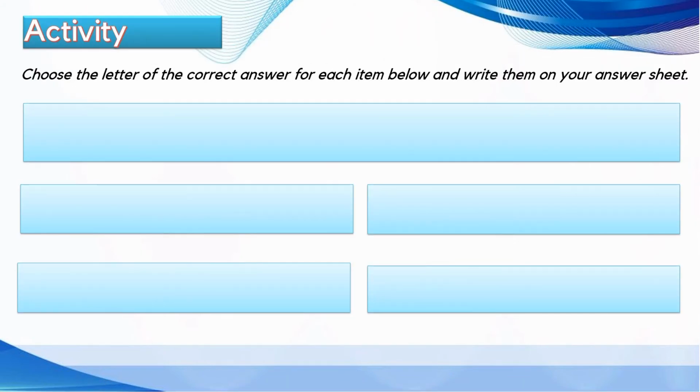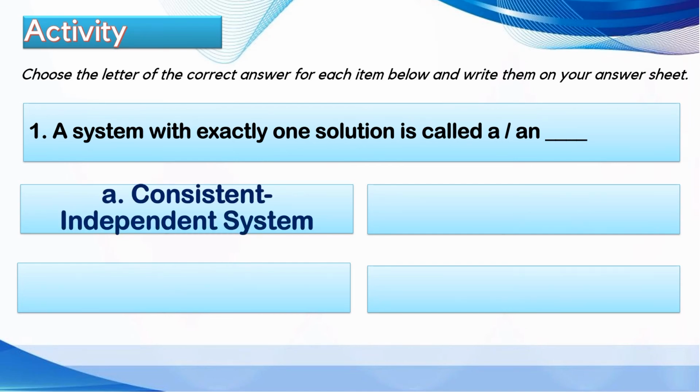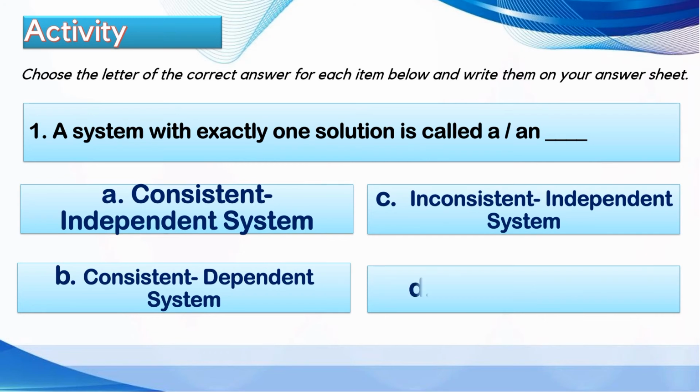And now let's answer our activity. Choose the letter of the correct answer for each item and write your answer on your paper. Number 1, a system with exactly one solution is called a blank. A, consistent independent system. B, consistent dependent system.